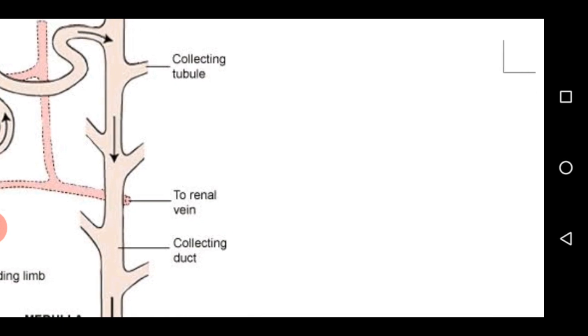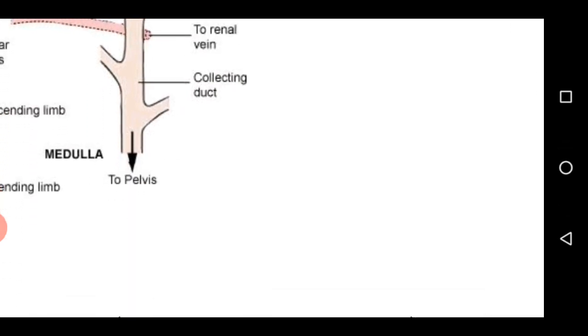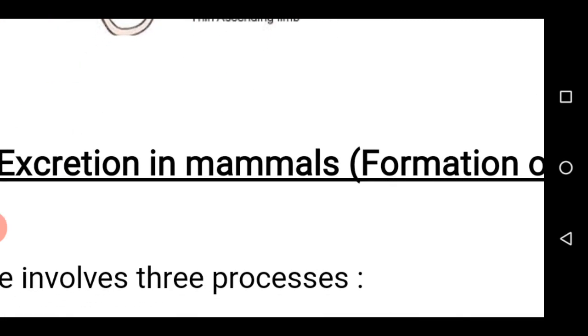So the waste material is dropped in the connecting tissue, which connects everything to the pelvis. At the pelvis, there is peristalsis movement of the urine to the bladder, and the urethra opens and the waste material goes out.